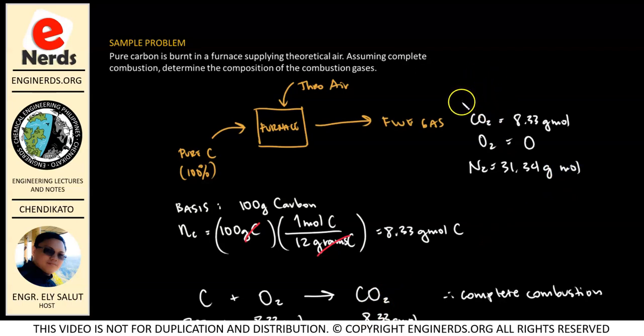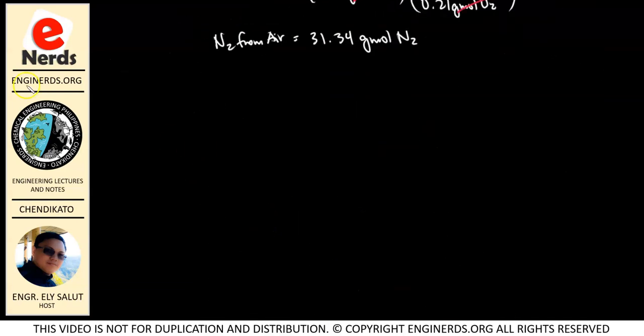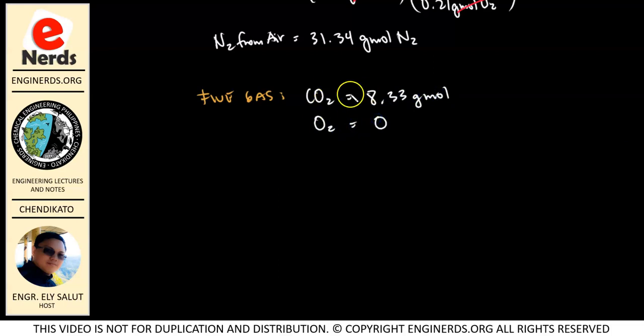Now, ang pinahanap sa atin is yung composition of combustion gases. So, usually, we have to present this in percentage. Okay, so, sulat natin sa ibaba. So, our flue gas is having CO2 of 8.33 gram mole. O2, 0 dahil na-convert lahat to CO2. Nagamit lahat itong O2 natin for complete combustion.